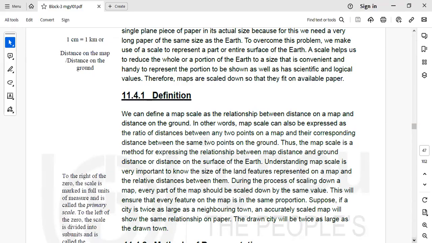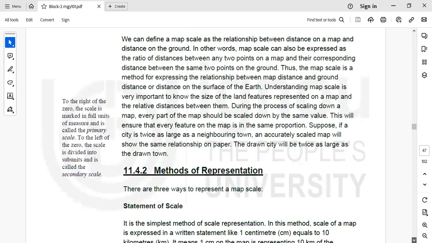As a result, the map scale is a method used for expressing the relationship between map distance and ground distance. This is the reason understanding the map scale is very important to study and represent the features on the map.